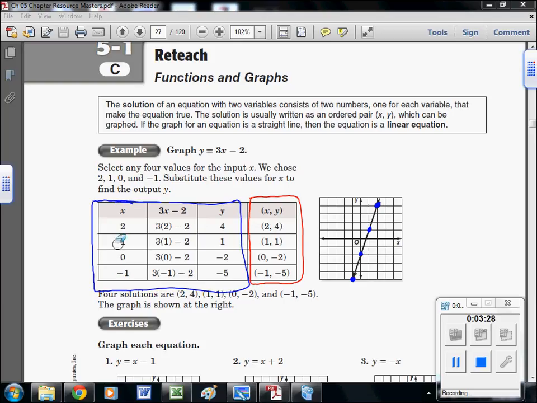So notice, as x gets bigger by 1 each time, y gets bigger by the same amount each time, and it's by that number in front of it. So negative 5 goes up 3 to get to negative 2, goes up 3 to get to positive 1, goes up 3 to get to 4. So that constant change like that makes it a line. It makes it linear. And we'll talk more about that later, I just wanted you to see what I was talking about. So what you'll notice is these 4 dots, these 4 points, they line up in a straight line.